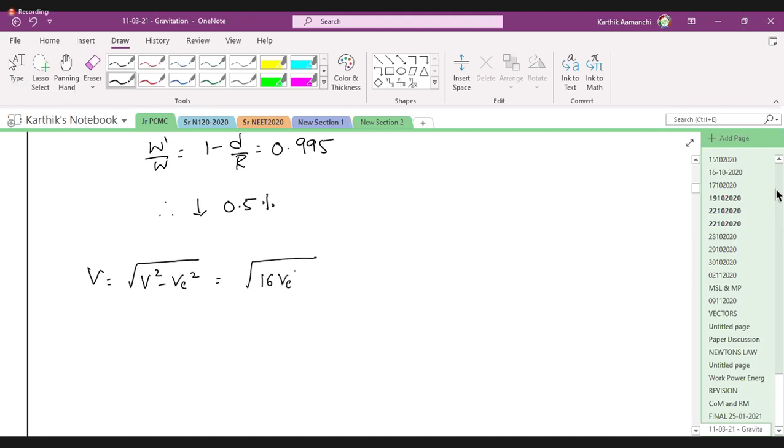So 16 VE square minus VE square, so root 15 VE, right? If you calculate, then we'll get 43.3 only. That's okay. This is the way, right? That's how I did, sir.